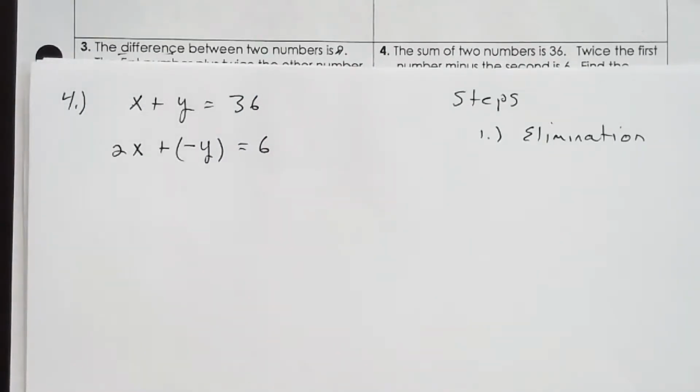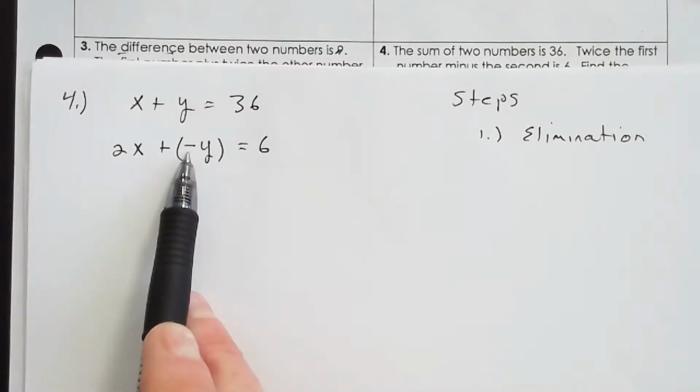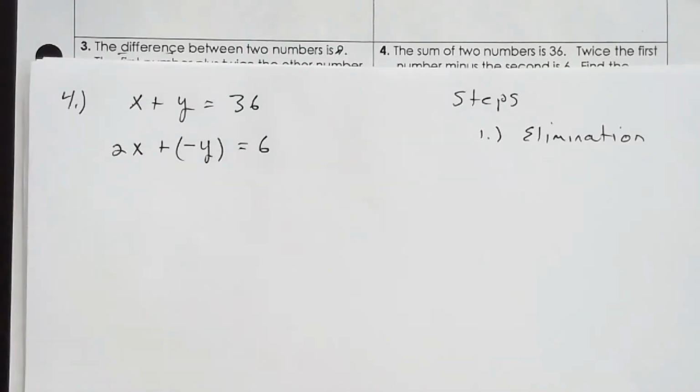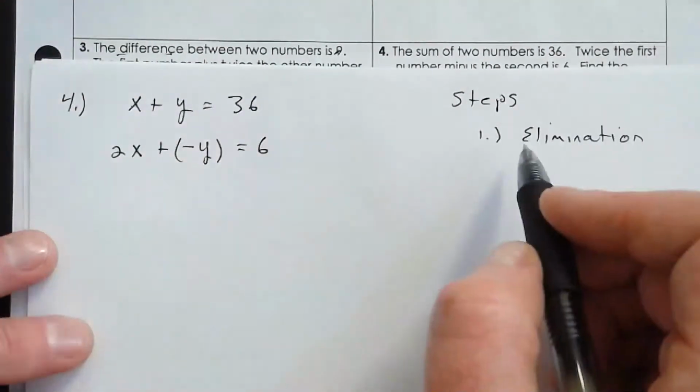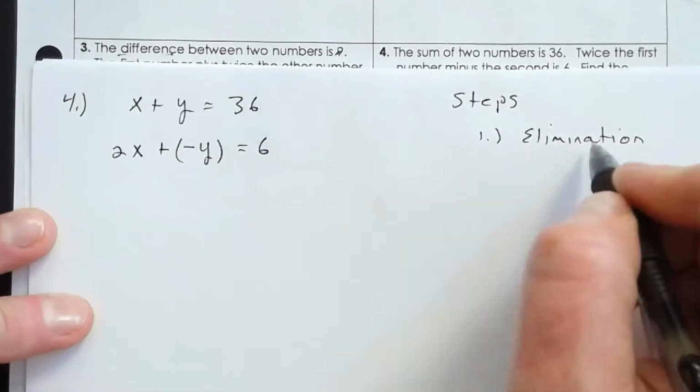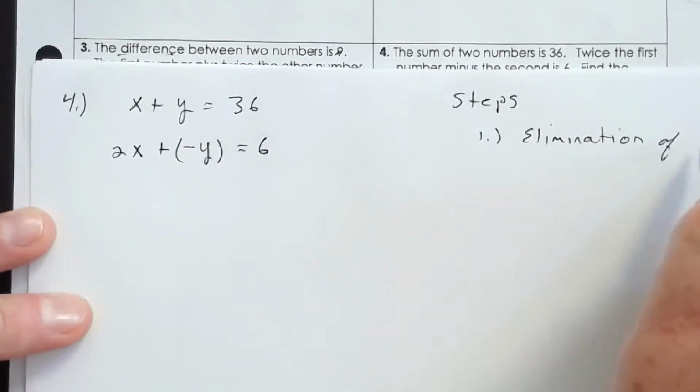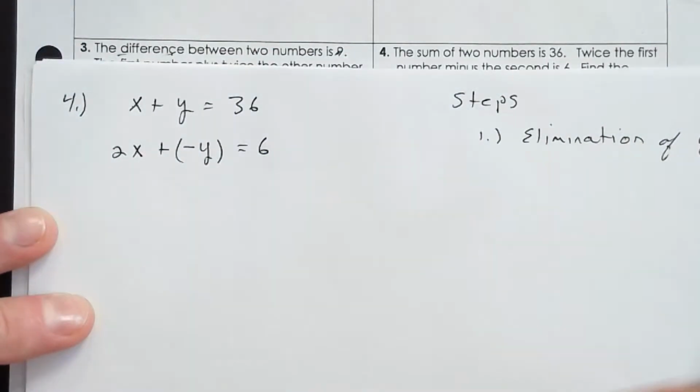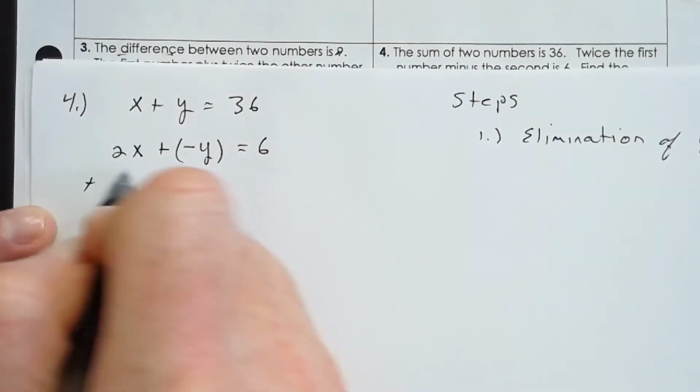Which variable do we want to eliminate? I should have just written here minus y, okay? So which one can we eliminate directly? The y's. The y's just fall out directly, okay? So elimination of the y's. So we're going to add the two together directly.